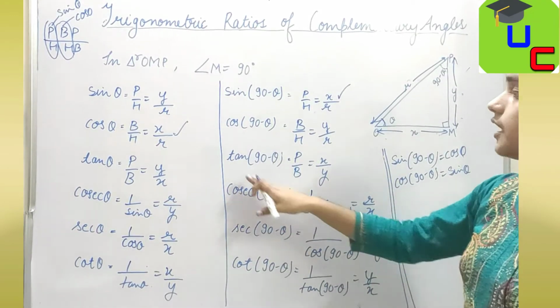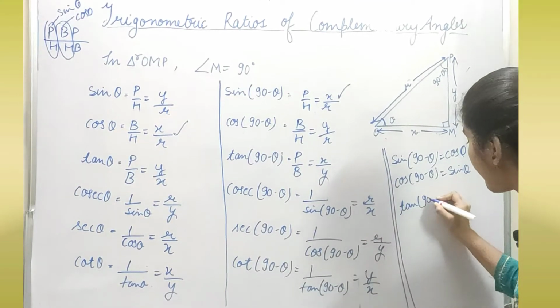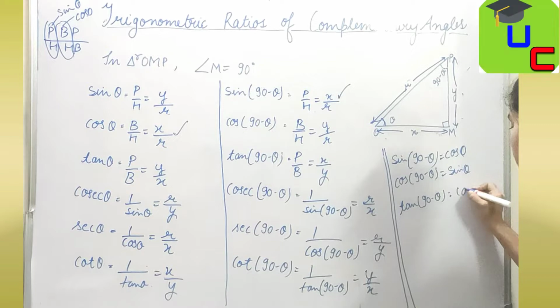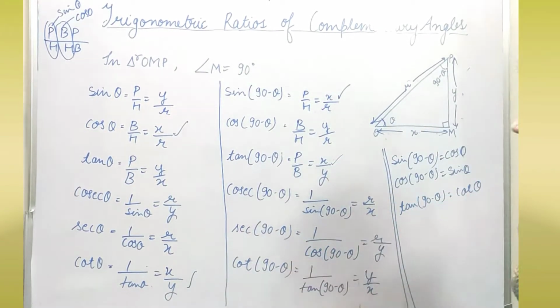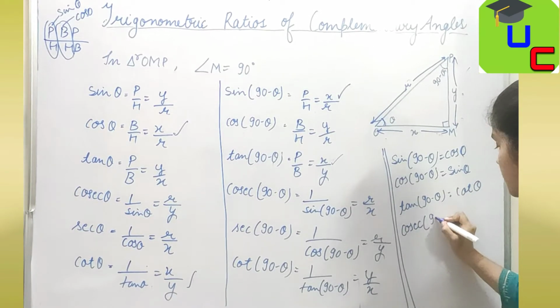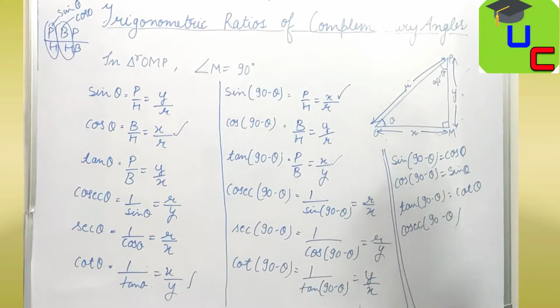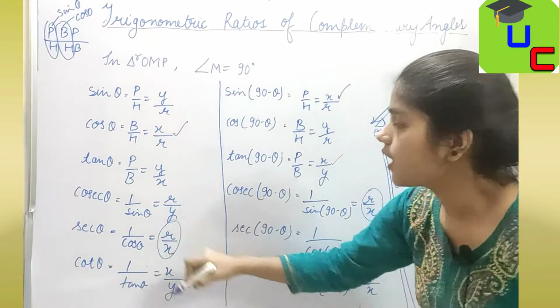Okay, similarly you can write tan 90 minus theta as cot theta, because they both have the value x upon y and x upon y, and cosec 90 minus theta as sec theta. See, r upon x and r upon x.